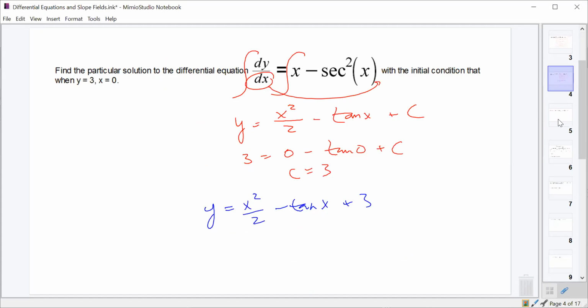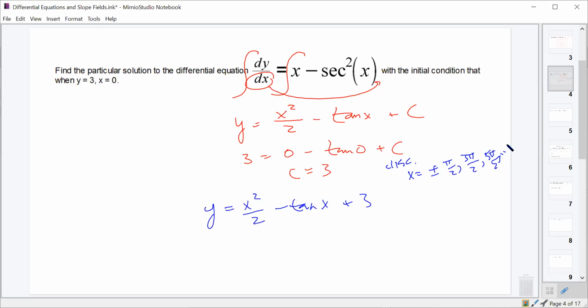There's an asymptote because of the tangent x. In fact, there are an infinite number of asymptotes, right? There's asymptotes, we'll say discontinuities, but they are asymptotes, at x equals positive or negative pi over 2 and 3 pi over 2, 5 pi over 2, and so on, forever. Do you agree with that?